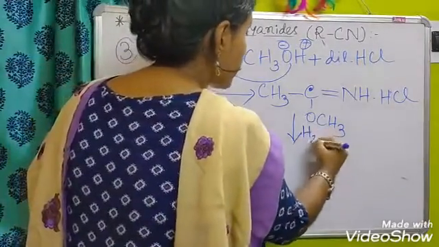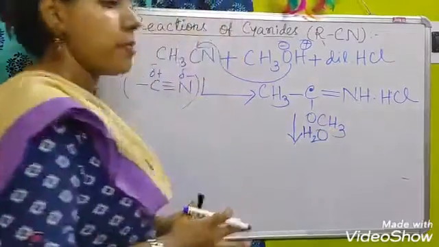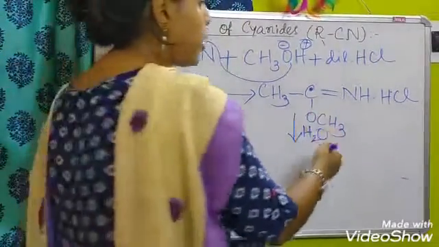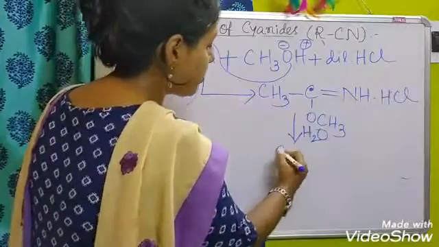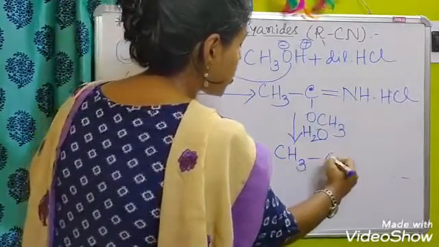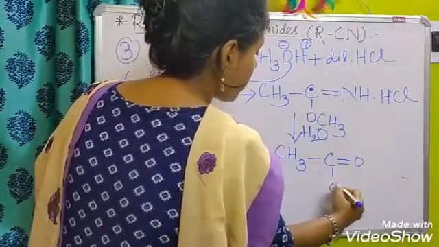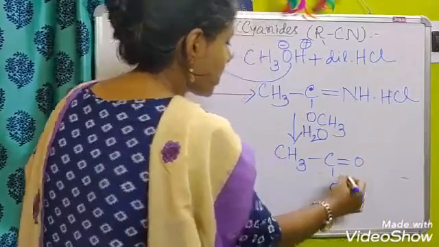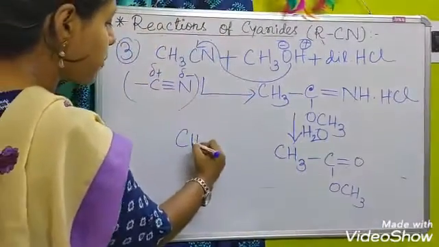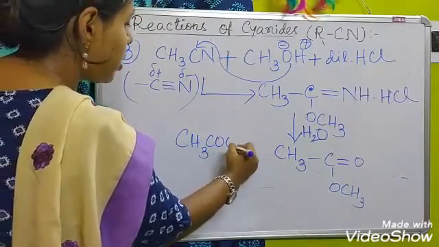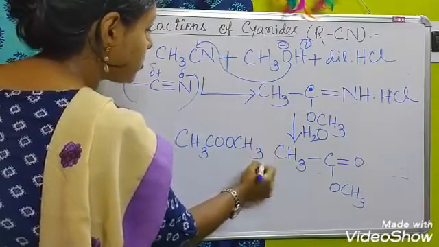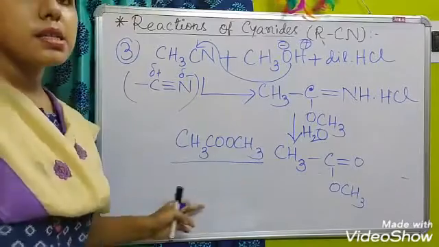That means addition of H2O in presence of acidic medium. So there will be again the removal of this group. So there will be COOCH3. That means CH3COOCH3.